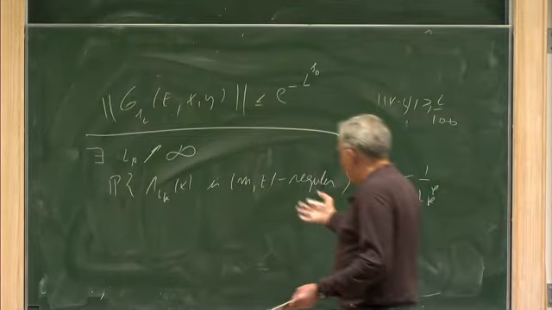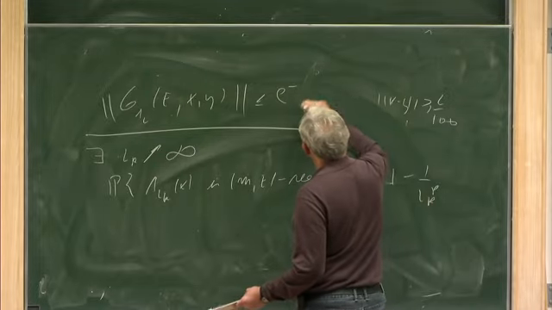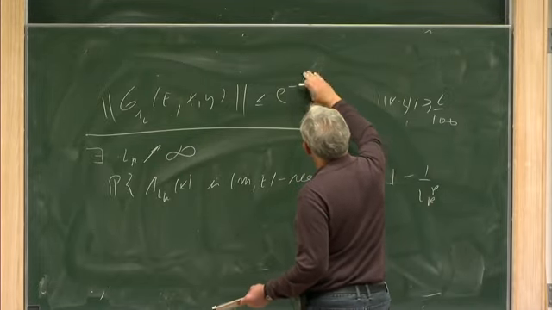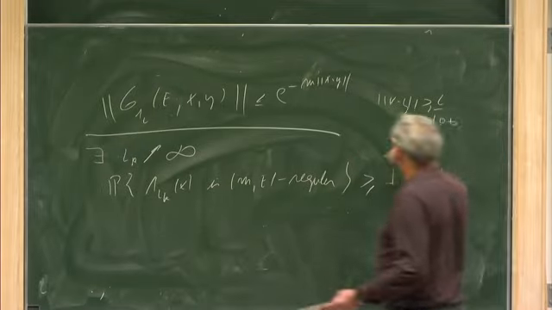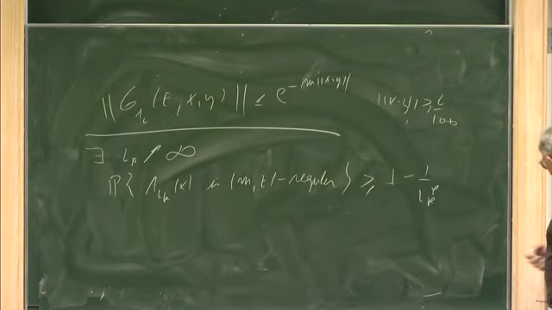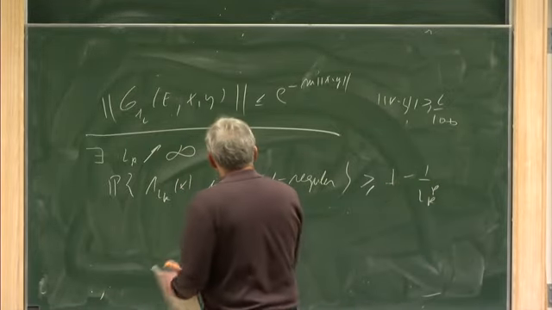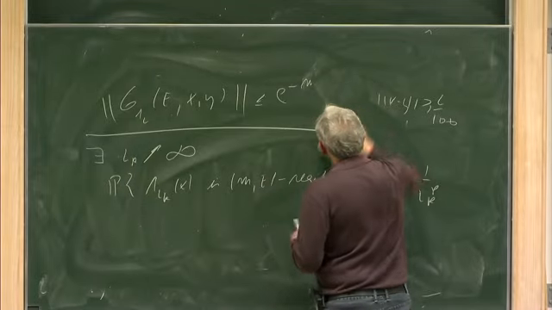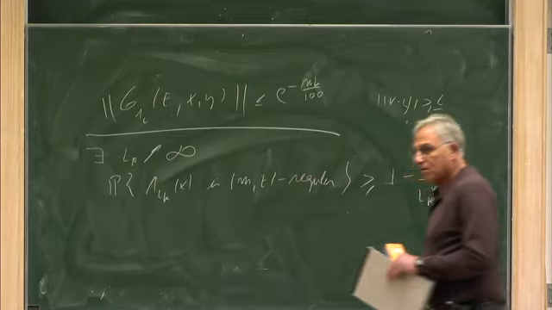Now, regular meant that when I came here, I had e to the minus m|x-y|, right? But that means that if I want, I can get rid of this by putting an L to the 100, right?